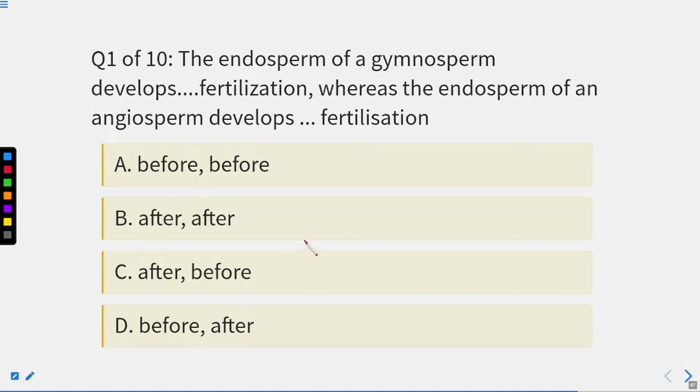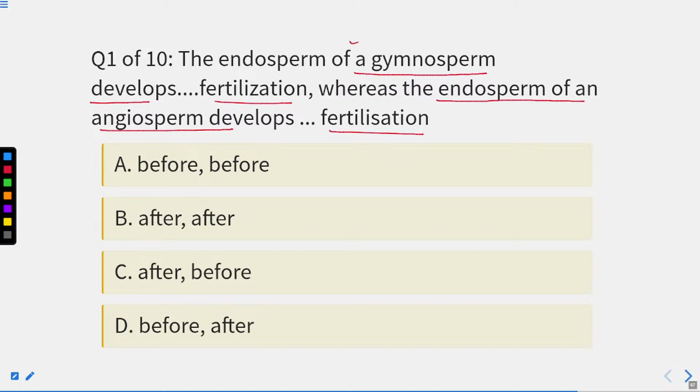Okay, so let us look at some previous year questions based on this chapter. The endosperm of the gymnosperm develops dash fertilization, whereas the endosperm of an angiosperm develops dash fertilization. In the beginning of the chapter, I already explained this particular point, right?